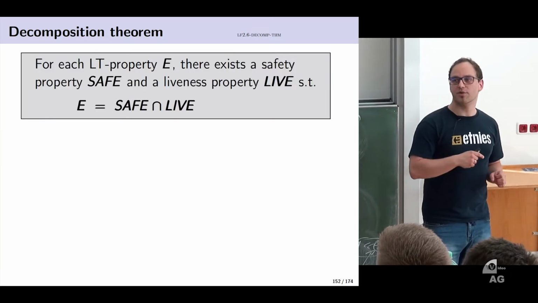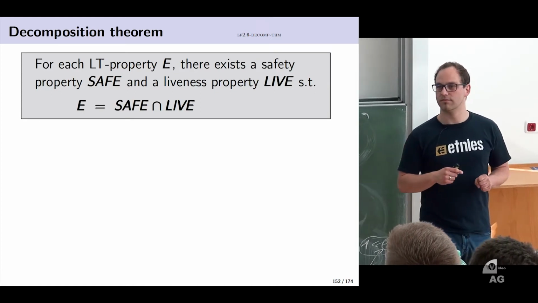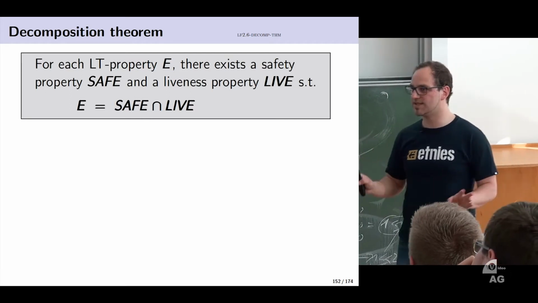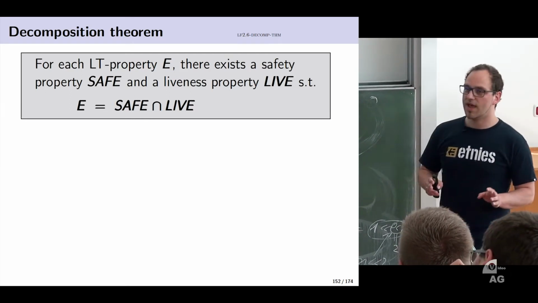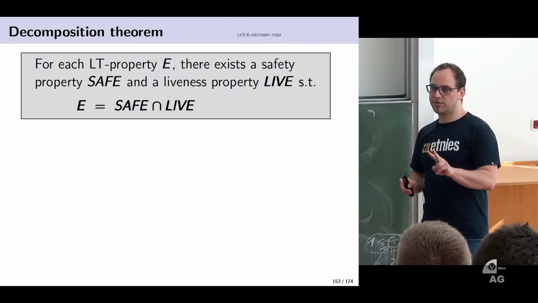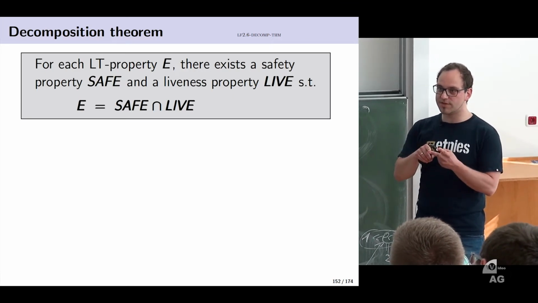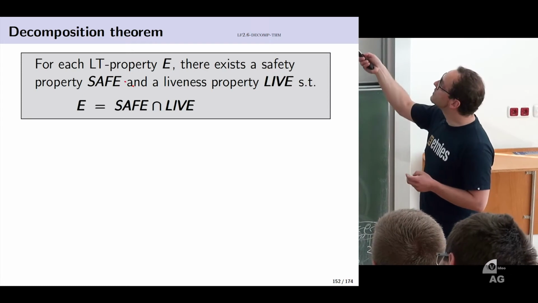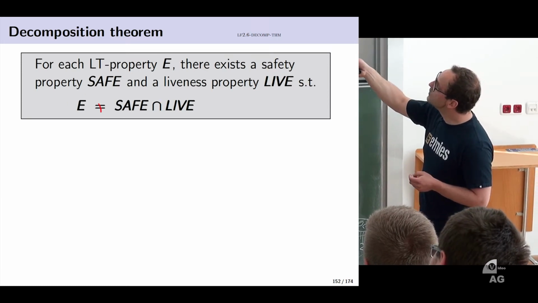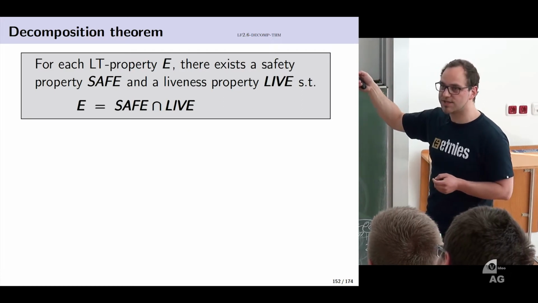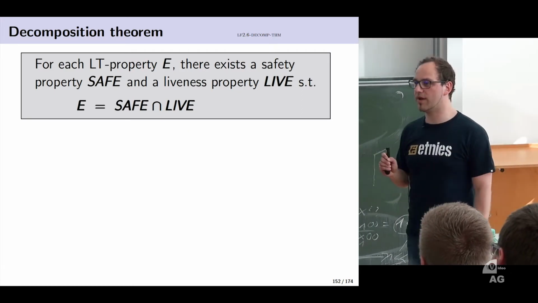You give me an arbitrary LT property E, a set of infinite words over sets of atomic propositions, and I will give you two properties back: a safety property and a liveness property. They will be chosen in such a way that your property is the conjunction, or intersection, of the two properties I'm giving you back.